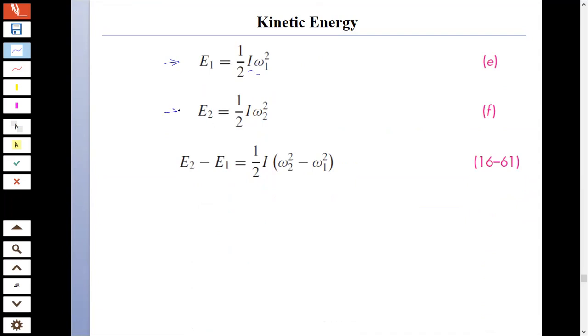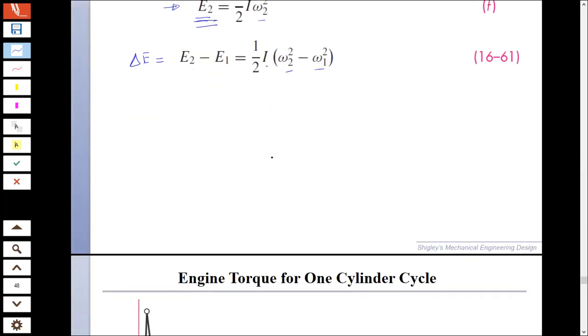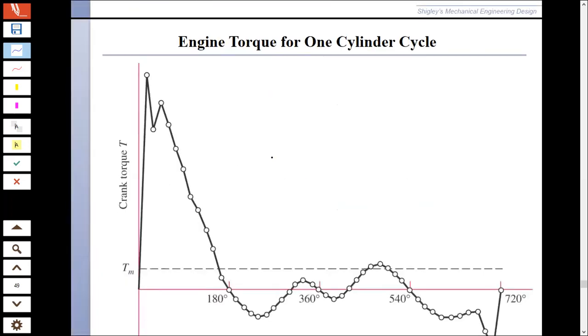And let's say that that went into another level, which is E2, and that is half I omega 2 square. So that is going to be the kinetic energy. Now the difference between these two energies, or we can rather say delta E, is equal to E2 minus E1, which is equal to half I (omega 2 square minus omega 1 square). So that is going to be the difference between these two energies.